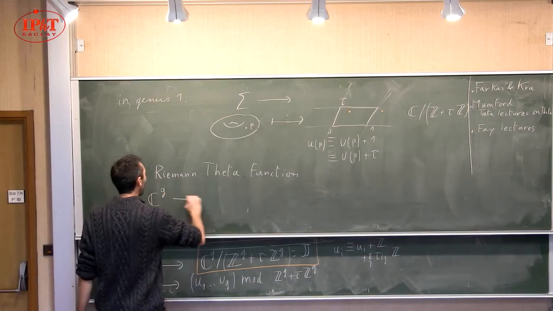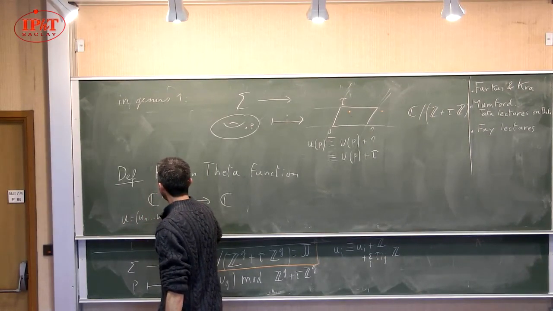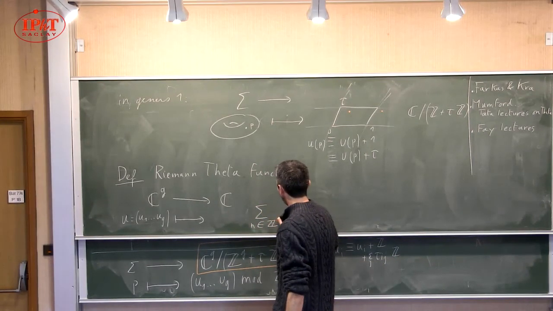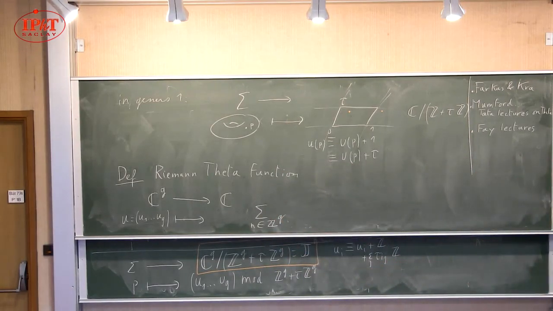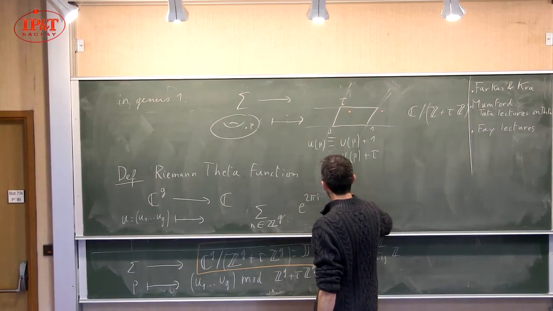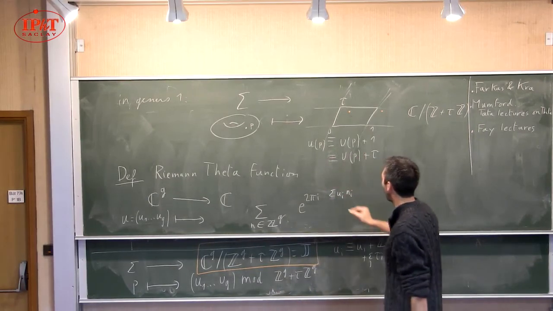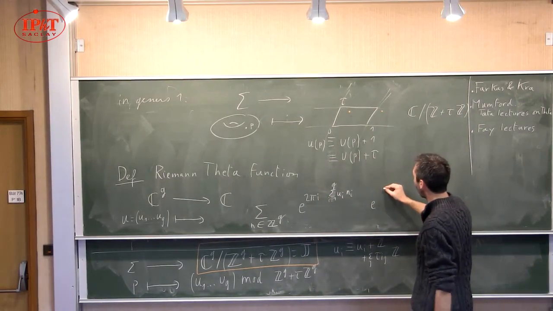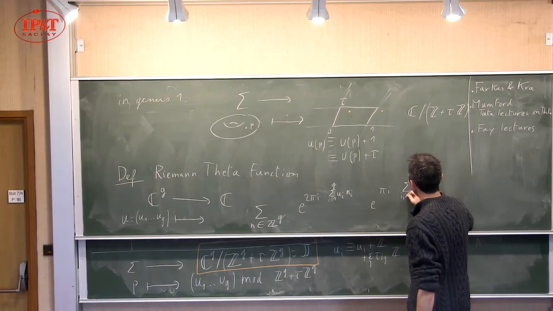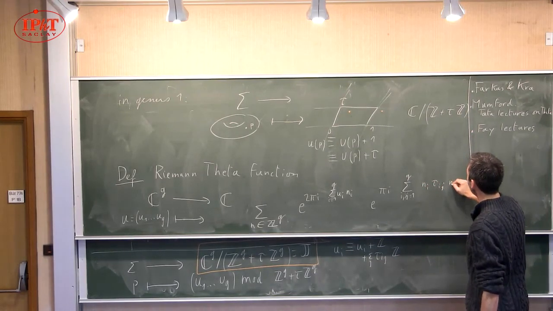It's a map from C^g to C. To a vector U equals (U1, ..., Ug), it associates the sum over all g-tuples of integer numbers of exponential 2 pi i times the sum of U_i n_i, i equals 1 to g, so it's the scalar product, times exponential pi i times the sum over i, j equals 1 to g of n_i tau_ij n_j.